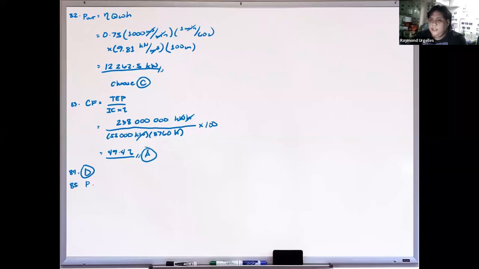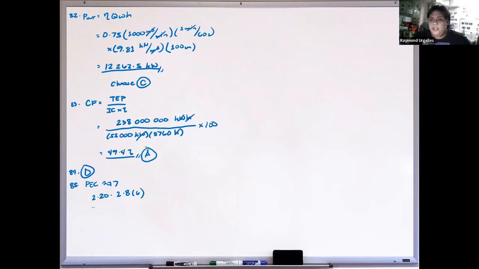So reference natin dyan is PEC 2017. Okay? So ito ay section 2.20.2.86, di ba? So sinasabi doon, so that show windows, di ba? So shall be rated, di ba?